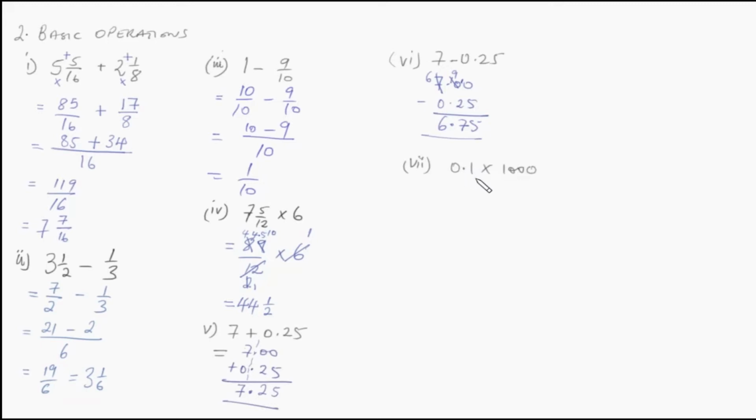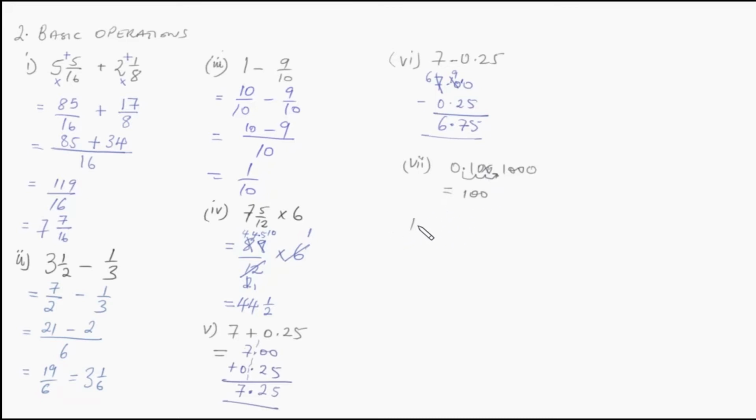How many steps? The number of zeros. There are 3 zeros here, so you are going to move the decimal to the right 3 times. So it will be 1, 2, 3. You put a 0 in this position, and this also is 0. So your answer is going to be 100.